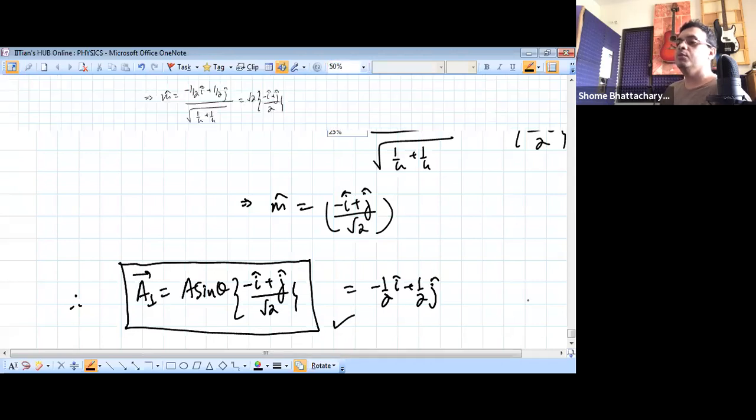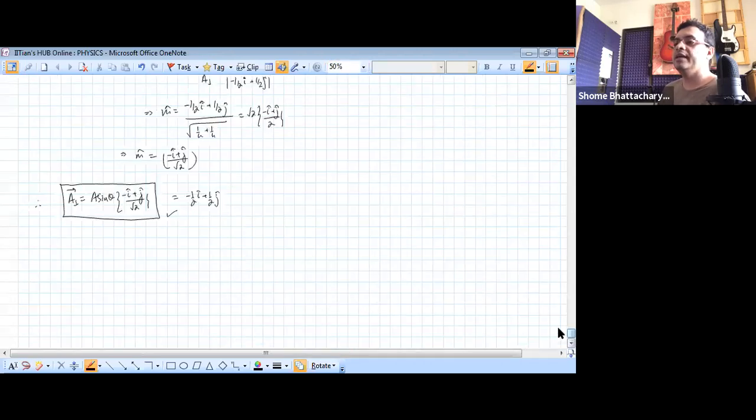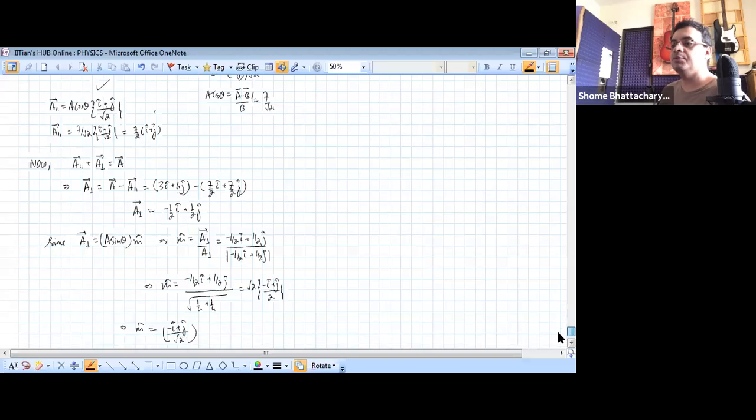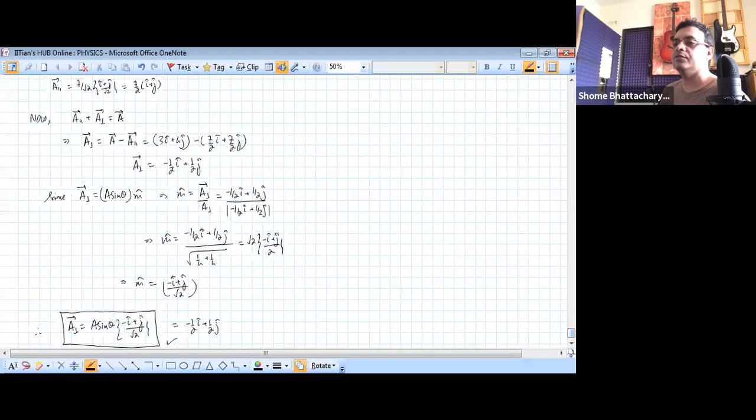So this is quite a complicated business because we are doing indirect steps. First, we are finding the parallel component, and that too numerically, 7 by 2 I cap plus 7 by 2 j cap, so that we can subtract it from the original vector A to find the perpendicular component. And then from that perpendicular component expressed as a vector, which is minus half I cap plus half j cap, we have to find its unit vector so that we can express it as A sine theta into something, and that something being that unit vector.